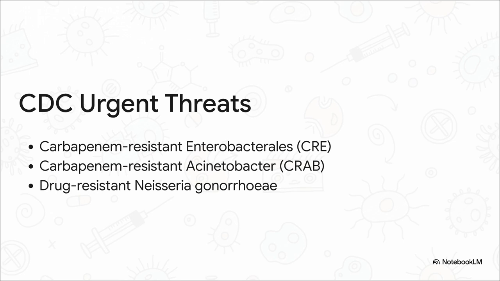These include carbapenem-resistant enterobacterales, or CRE, which often utilize those exact KPC or NDM enzymes we discussed earlier. Also on the list is carbapenem-resistant Acinetobacter baumannii, known as CRAB, and the increasingly difficult-to-treat drug-resistant Neisseria gonorrhoeae. Gonorrhea has sequentially mutated past almost every single class of antibiotic we've thrown at it, including widespread fluoroquinolone resistance.